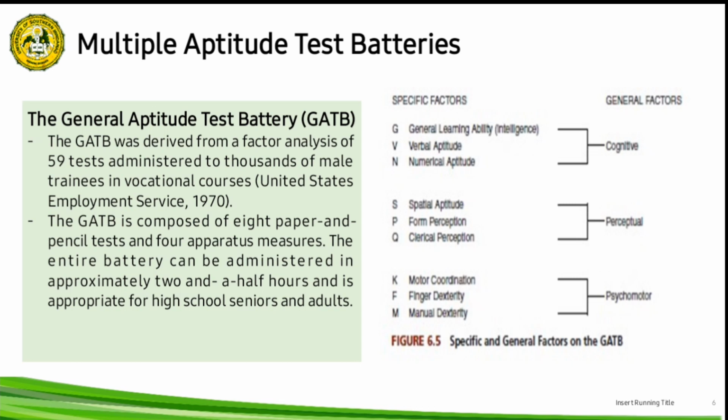The 12 tests yield a total of 9 factor scores, and the 9 factor scores are specifically combined into 3 general factors, which are cognitive, perceptual, and psychomotor. Note that different jobs require various contributions of cognitive, perceptual, and psychomotor aptitude. According to the figure on the side, these are the specific and the general factors on the GATB, wherein there are larger and general categories which are composed of the specific factors.